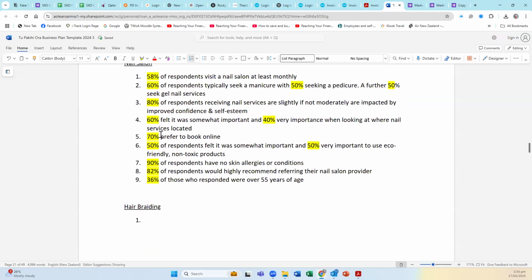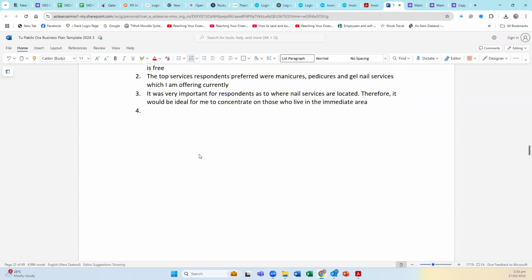Number 4 goes. 70% prefer to book online.